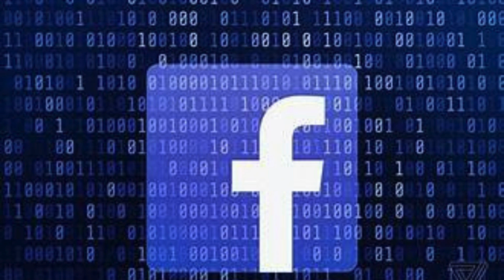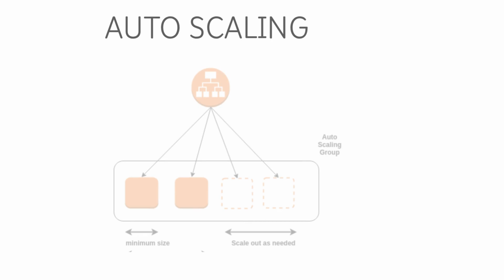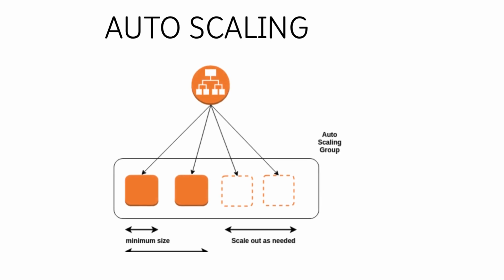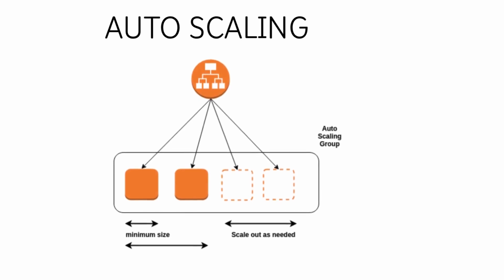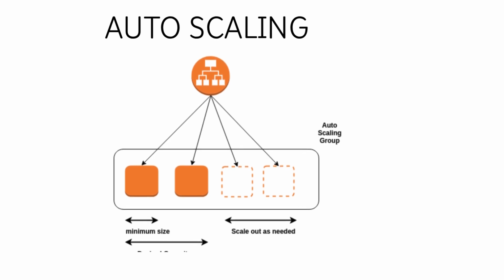The fifth component of scalability is auto scaling and cloud infrastructure. I'll start by saying that traffic on apps is never constant, right? Think of Spotify, for example, on a Friday night, or Zoom during work hours.